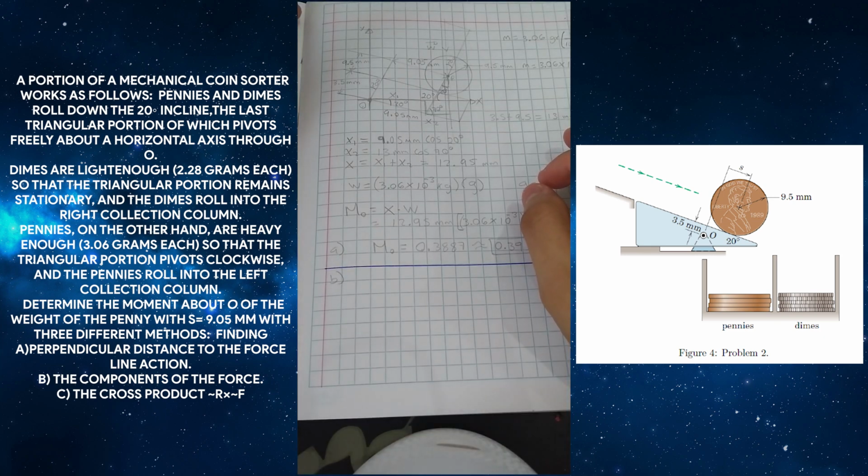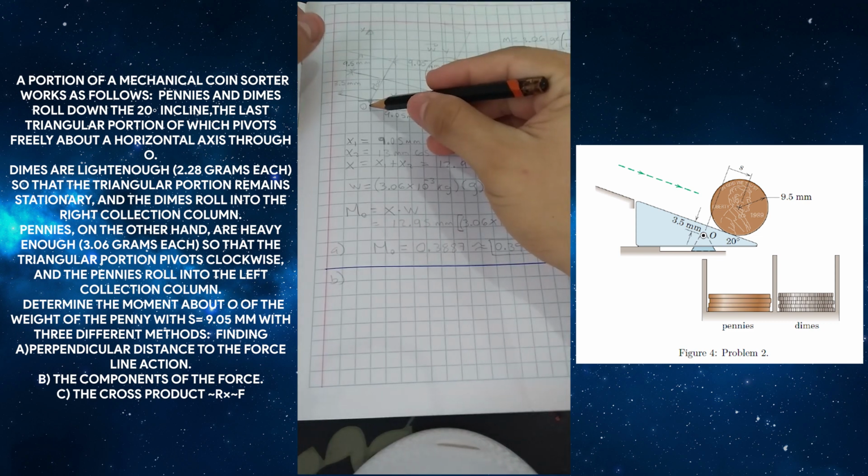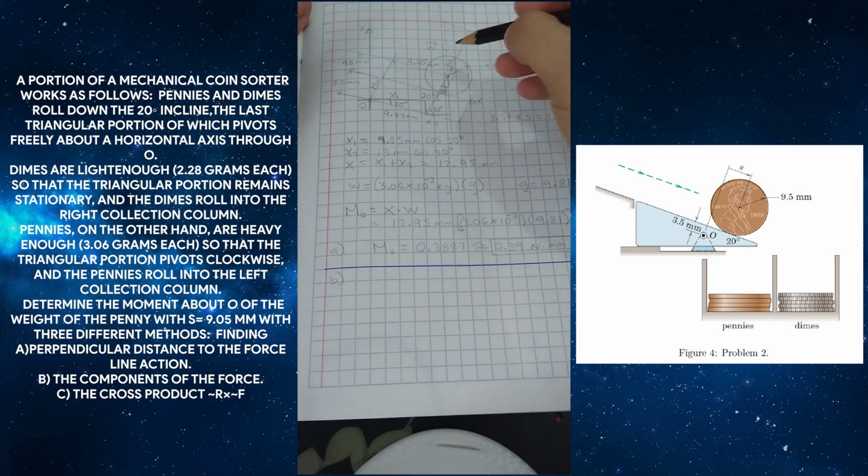Now I'm going to solve this problem by using part B that says that we need to find the moment about the point O by using the components of the force. The force is the weight, the vector weight of the penny.